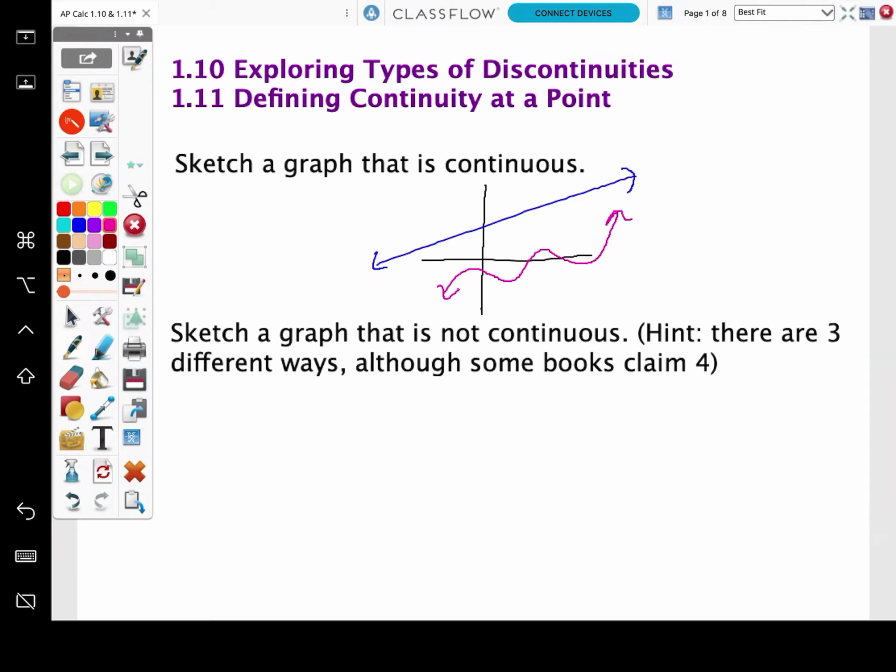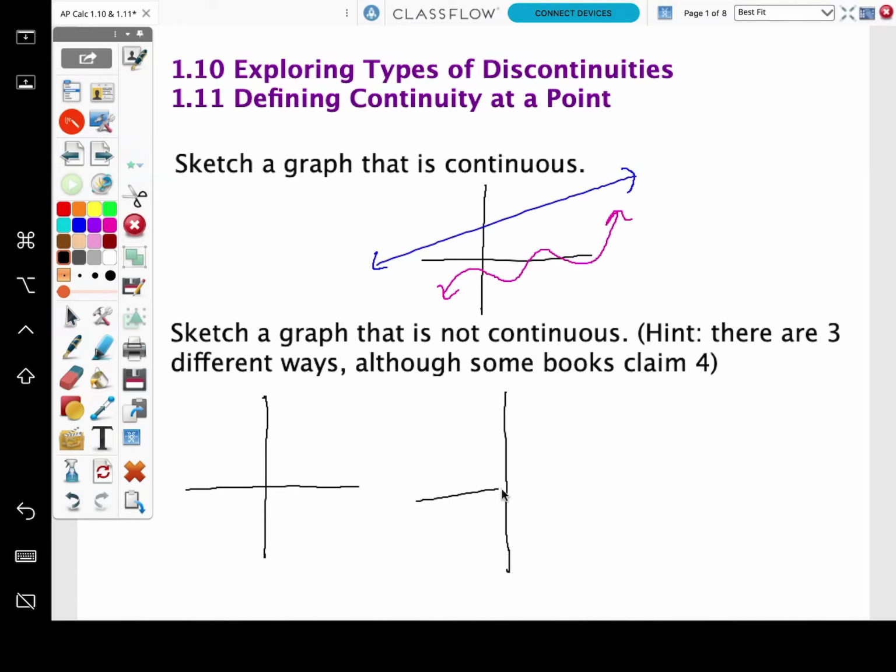There are lots of different things you could do. More importantly, how would you sketch a graph that is not continuous? A little hint I have for you there is that there are 3 different ways. Some books claim 4, ours only claims 3, and 3 is most common.